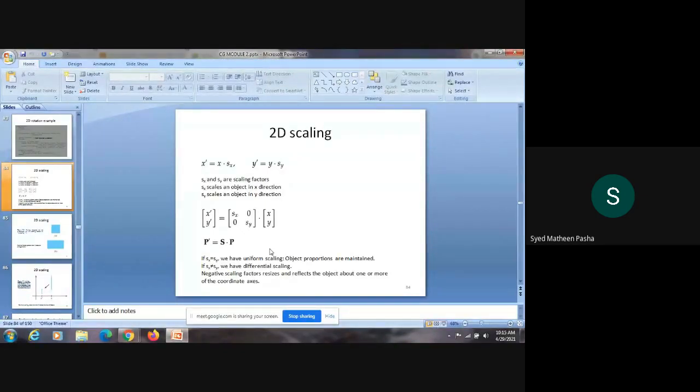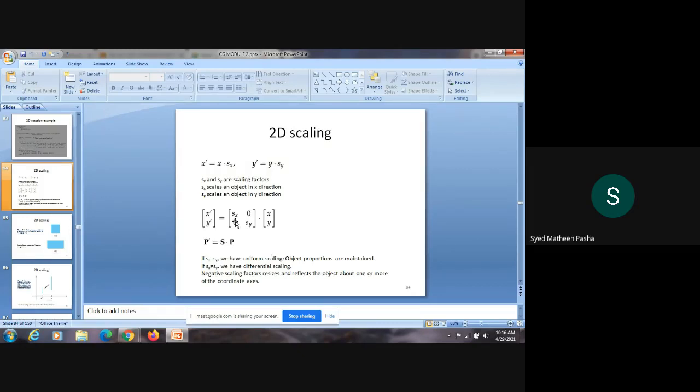That is, you keep on increasing the size of the object. Then if both the values of Sx as well as Sy are equal to 1, then the size of the object remains unchanged. So these are the three conditions we studied in scaling.